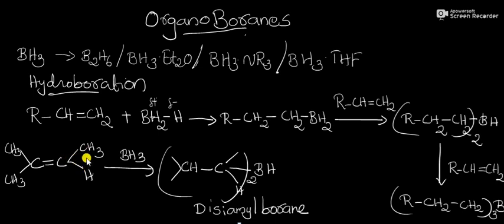That will be another borane. Again, if you add an olefin, we get a dialkyl borane, that is [(CH3)2CH-CH(CH3)]2BH. This borane is known as disiamylborane and it is a crowded borane.